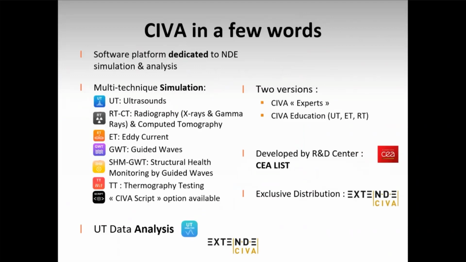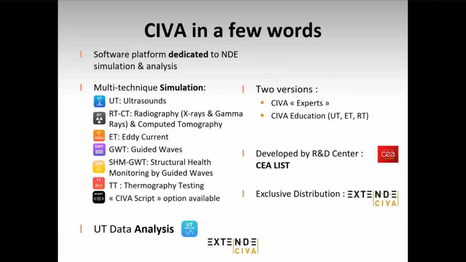A few words about the CIVA software. It's a simulation tool dedicated to NDE modeling, also analysis. You have different modules available in CIVA: CIVA UT, CIVA X-ray, CIVA eddy current, CIVA guided wave. We also have quite recent modules for structural health monitoring by guided waves.